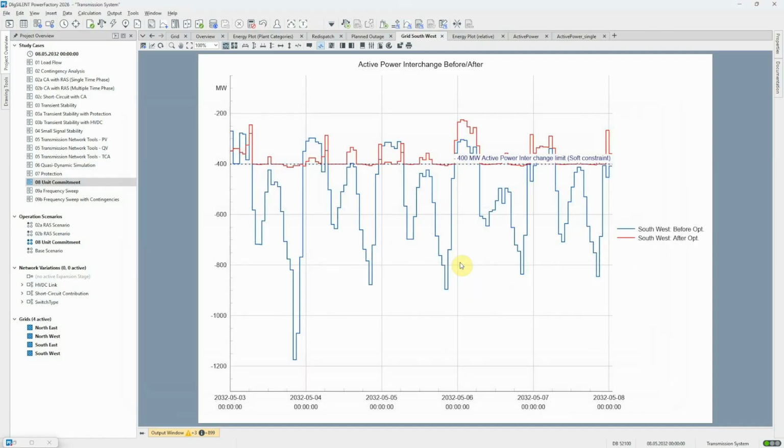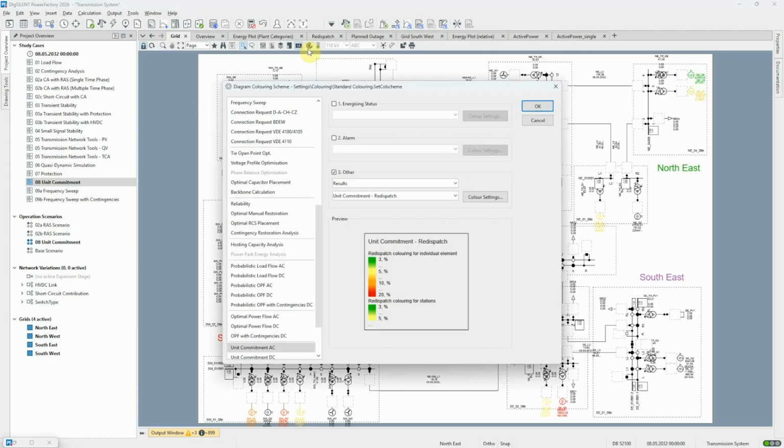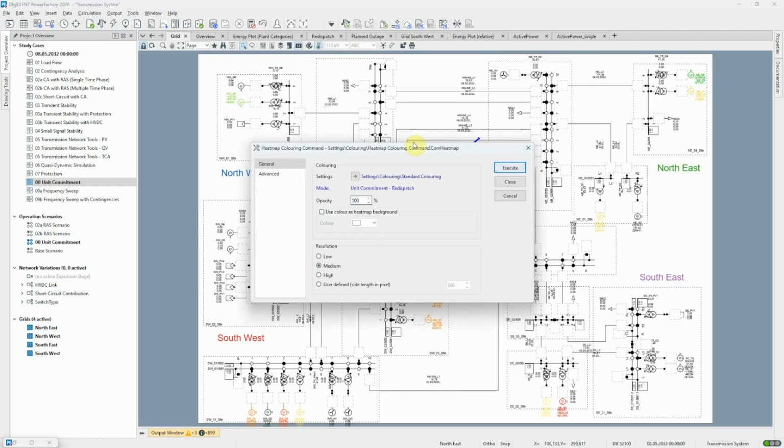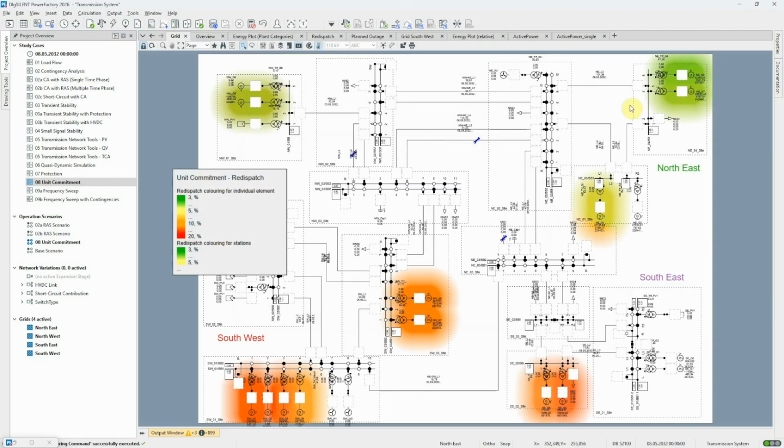We can also use diagram coloring to see immediately whereabouts in the network the redispatch energy or redispatch costs are incurred. Redispatch costs are the costs associated with the generation changes compared with the default quasi-dynamic solution which have been made in order to minimize overall costs.